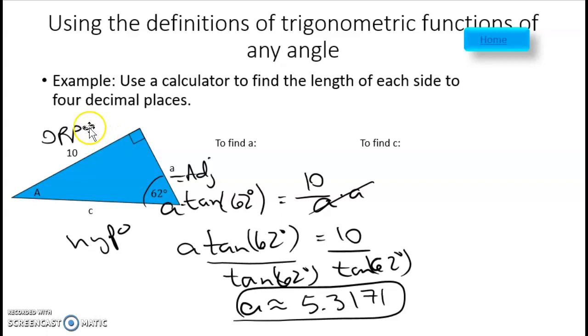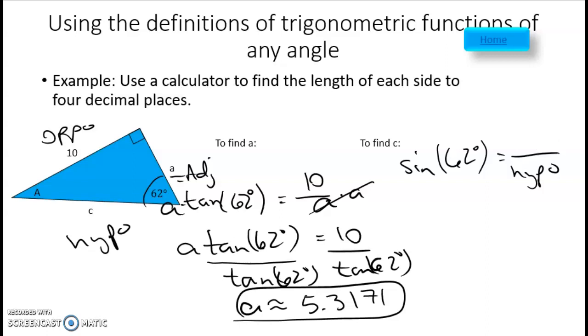So the things that I have now would be opposite and hypotenuse. So we're going to say blank of 62 is equal to opposite over the hypotenuse. Well, that's got to be sine.